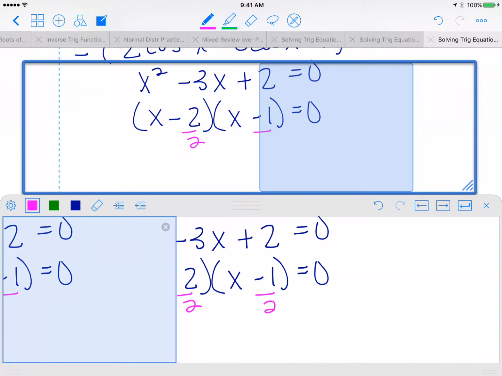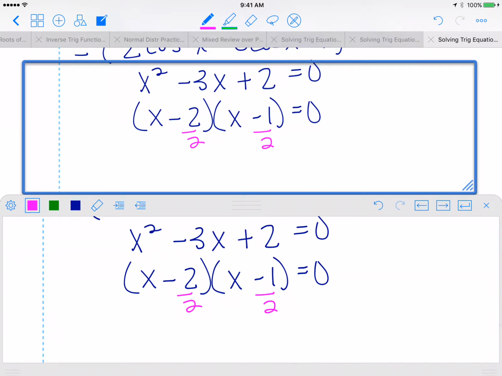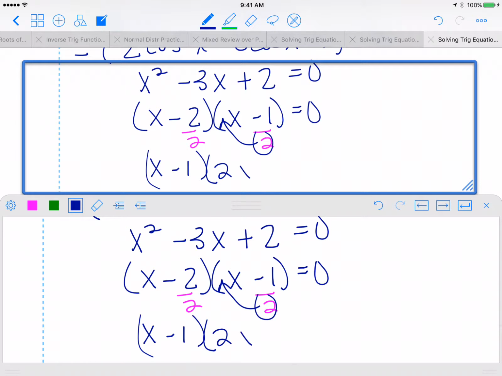We're going to have to divide out by a 2. And so we get x minus 1 and bump up 2x minus 1 equals 0. Don't forget your negative. Is your negative really going to affect this? Not so much.